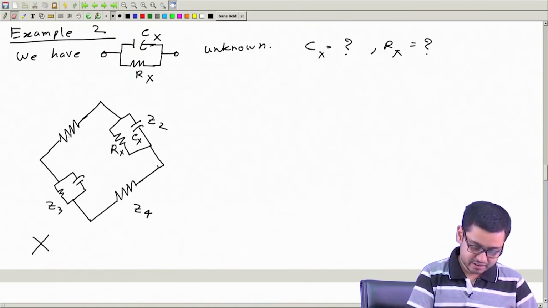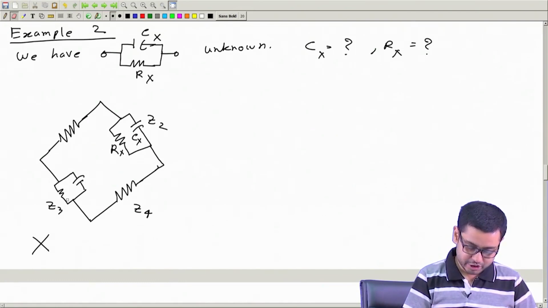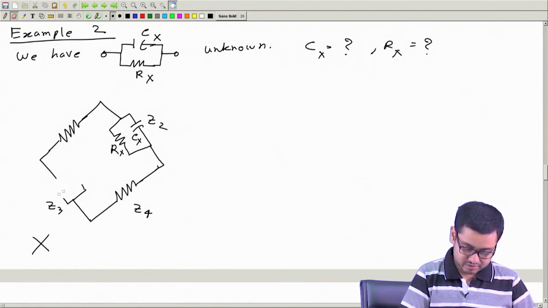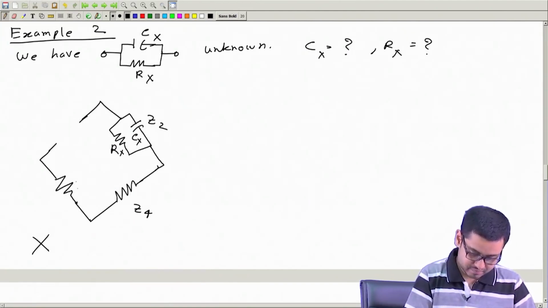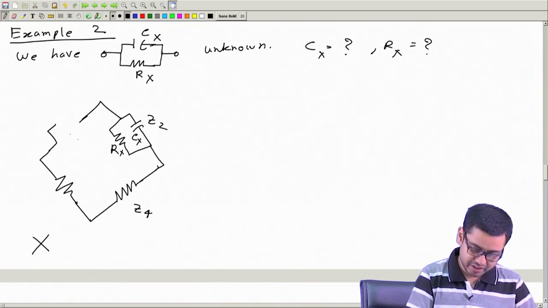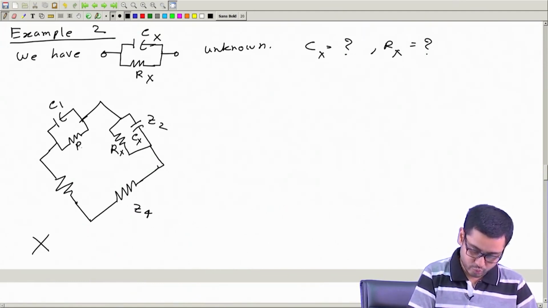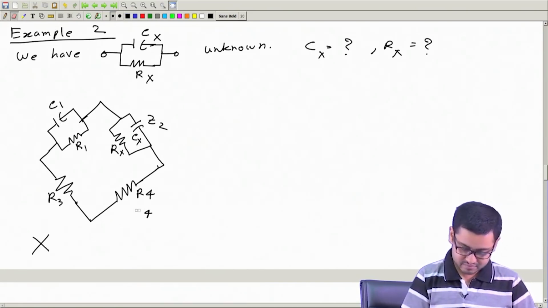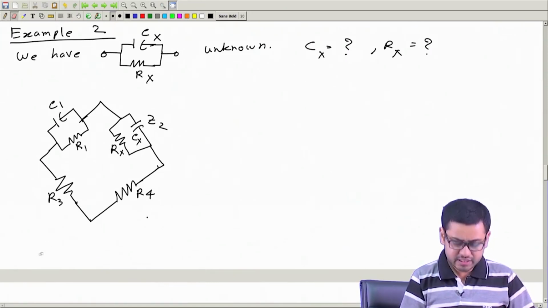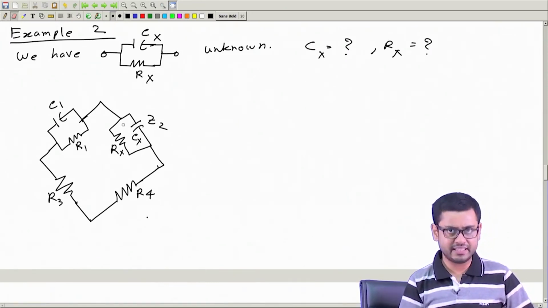But let us try by swapping these two, like this: put the resistance here and the RC parallel combination here, call it C1 R1, R3 and R4. Now, let us check quickly, is the angle criterion satisfied?